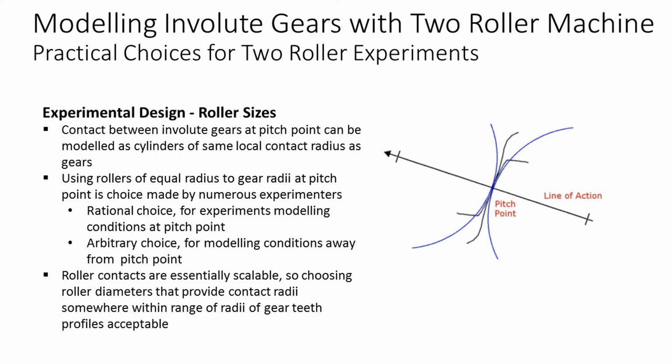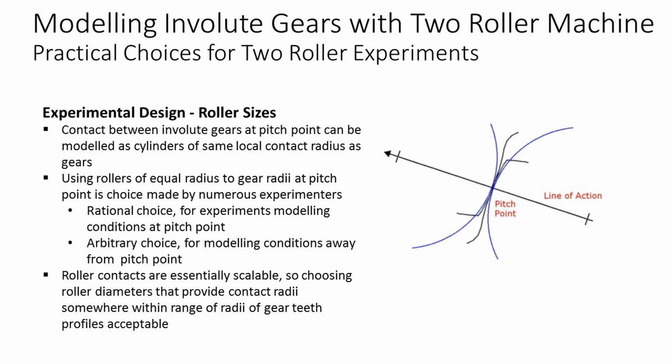First, let's consider the roller sizes. The contact between involute gears at the pitch point can be modelled as cylinders of the same local contact radius as the gears. Using rollers of equal radius to the gear radii at the pitch point is a choice made by numerous experimenters.